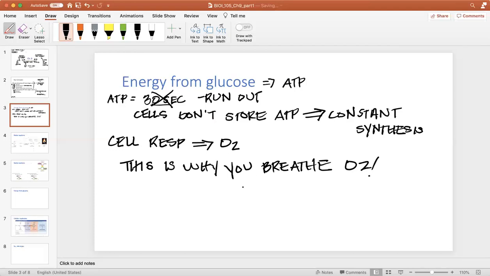You breathe oxygen so that you can turn glucose into a lot of ATP, okay? That is the whole reason. So that you can turn glucose into a lot of ATP.